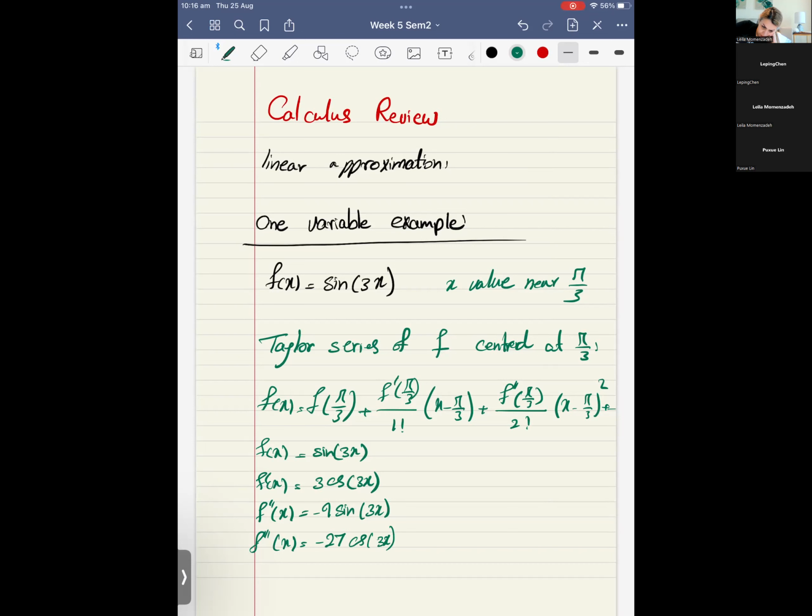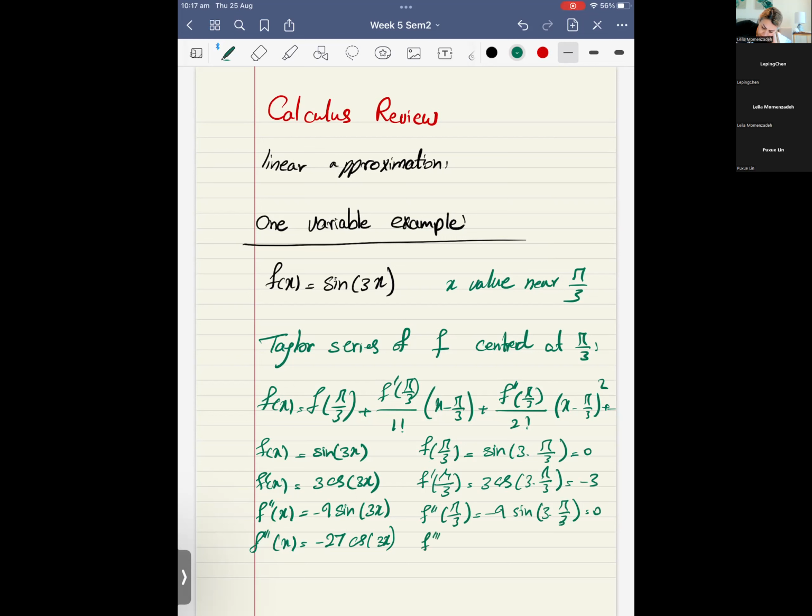And if I put here f pi over 3, it would be equal to sine 3 times pi over 3. Sine pi is 0. If I put f prime pi over 3, it would be equal to 3 cosine 3 times pi over 3, which would be minus 3. And f double prime pi over 3 would be minus 9 sine 3 times pi over 3, again 0.